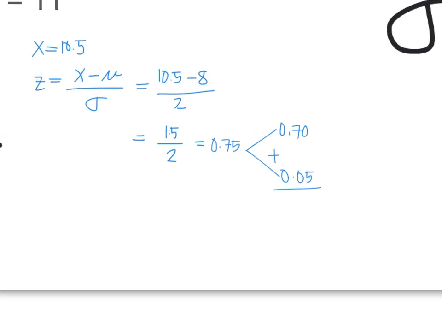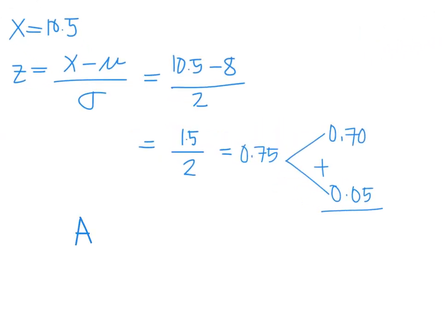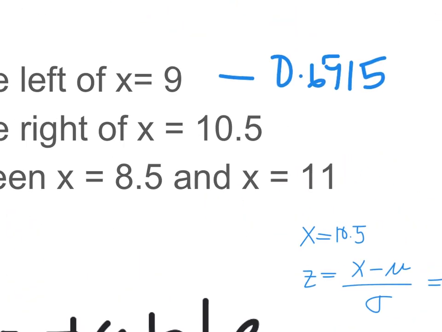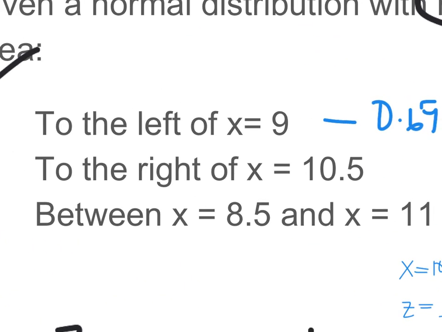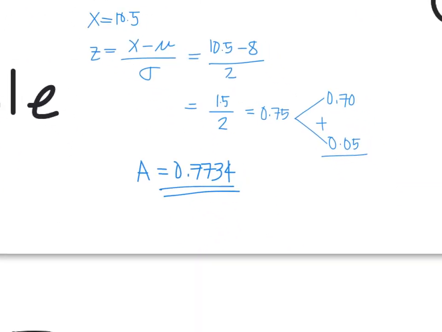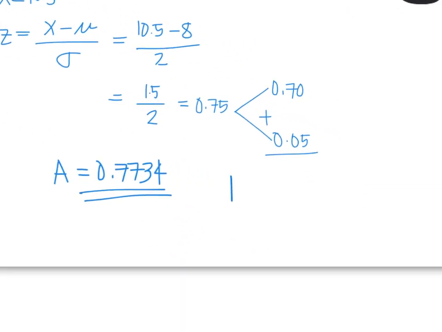So the area for this is 0.7734. But you have to be careful. This is the area to the left of 0.75, and the one that we want to find is the area to the right. So to finally find the area, consider the whole area, 1, and then subtract 0.7734.